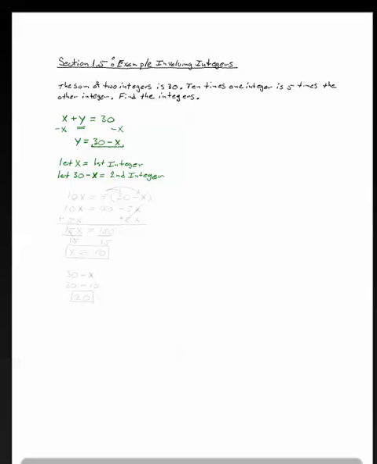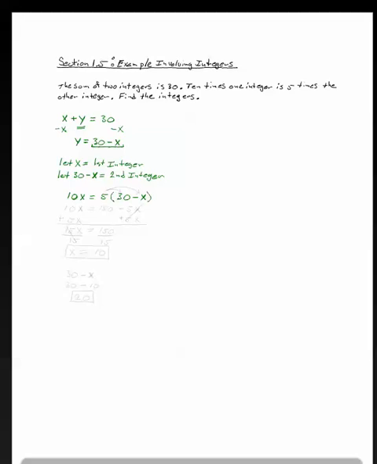Now it says 10 times one integer is 5 times the other integer. So I can say 10 times x is equal to 5 times the other integer, which is 30 minus x.